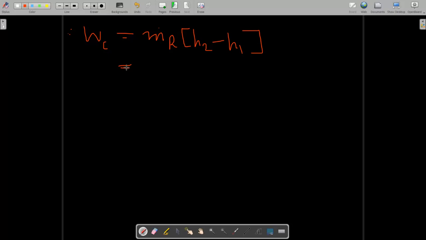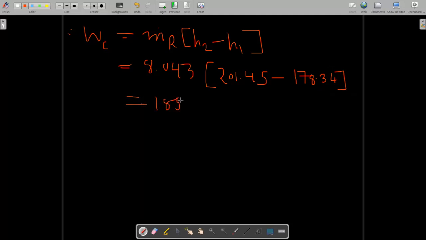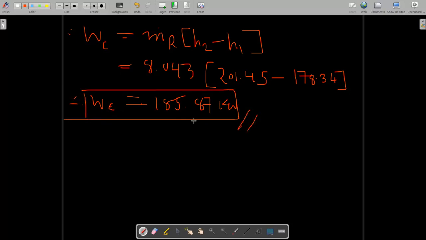So just write down the value of mass flow of refrigerant, 8.043, and the enthalpy difference, H2 is 201.45 minus 178.34. When you solve this, you will find 185.87 kilowatt. This much compressor work you need. This is the answer to your second question.